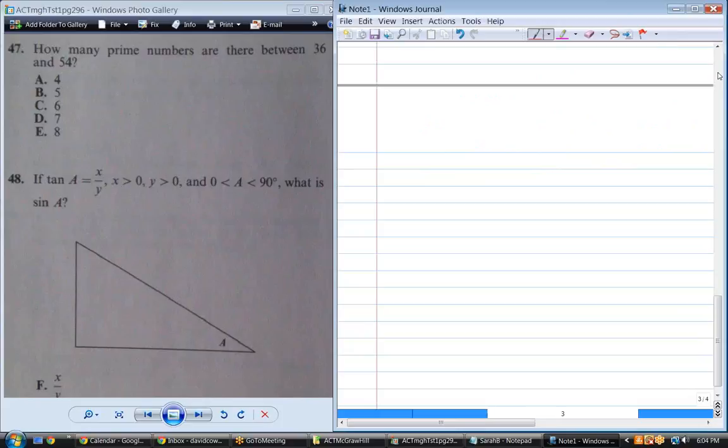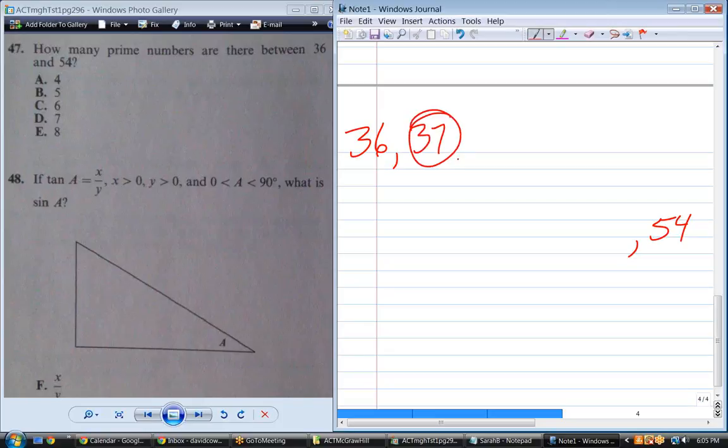All right. How many prime numbers are there between 36 and 54? There's no magical way to do it other than just to go through every number between those two and see whether it's prime or not. 38 is not.